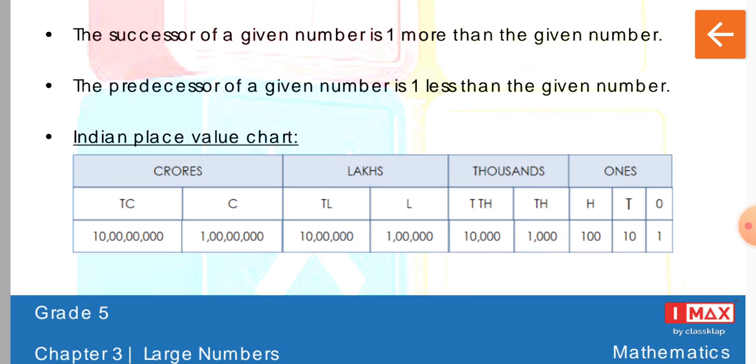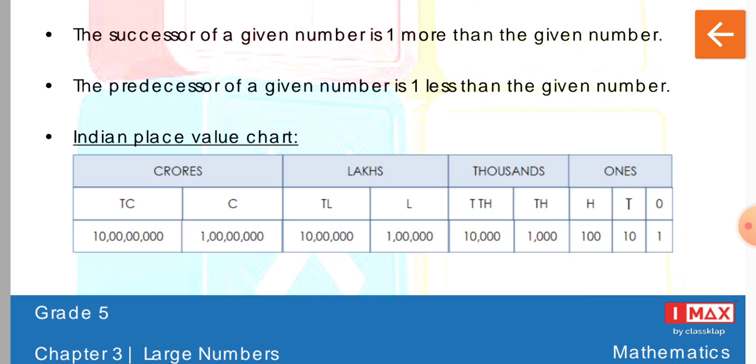Now, next is the Indian place value chart. Look at this chart, children. Here it shows ones, tens, hundreds, thousand, 10,000, lakh, 10 lakh, crore and 10 crore. These are the places in an Indian place value chart. And just above these places are the periods.